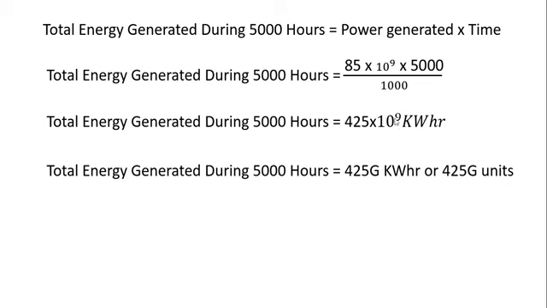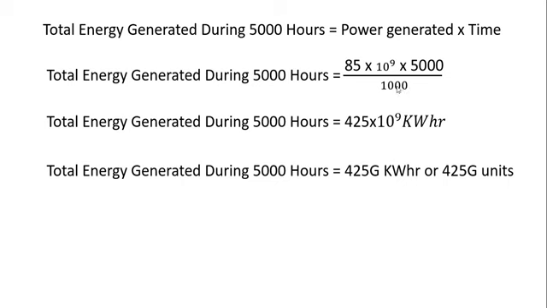Because there are two energy units, one is joules and one is kilowatt hour. Kilowatt hour is also known as electrical generated units. When we are dealing with power plants, we normally consider the energy unit as kilowatt hour, units generated. So here I have divided by 1000, because 1 unit is equal to 1 kilowatt hour.